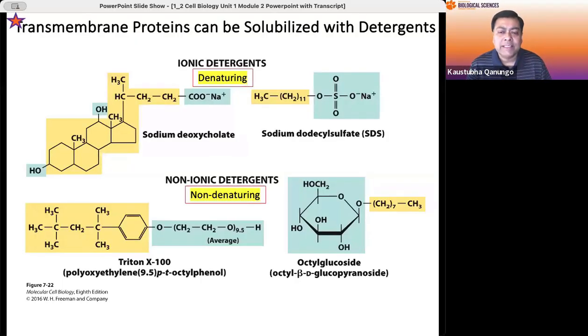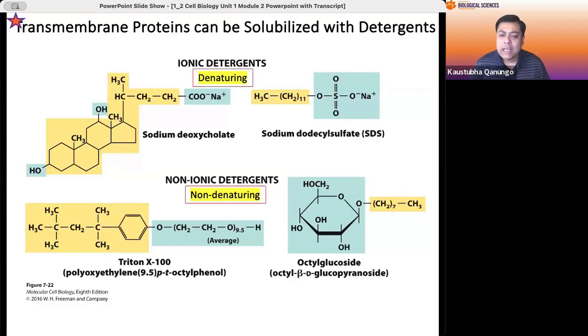So the detergents help to extract the proteins from the membrane, essentially for membrane proteins. And some of these detergent mixtures are present in our household detergents that we use as soap. So where is the connection? Just remember that when we are washing clothes, or even washing our hands, we are trying to get out the grease and the associated proteins.